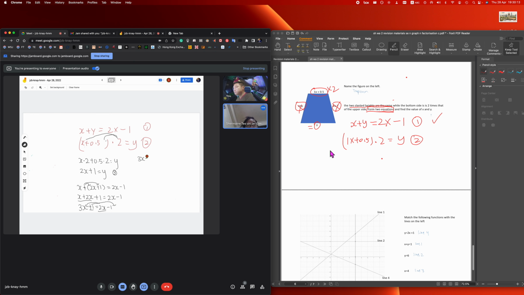Good. Yeah, so x is equal to minus 2. So x equals minus 2, what is y? Continue.